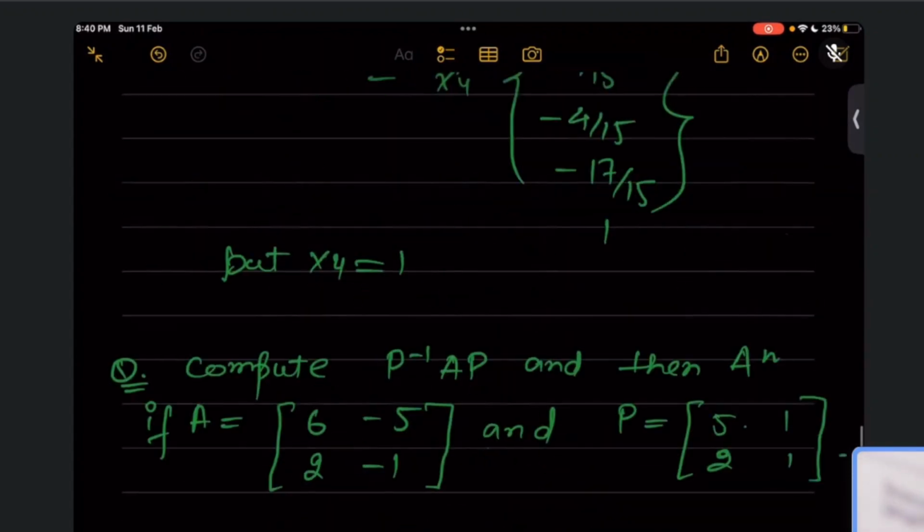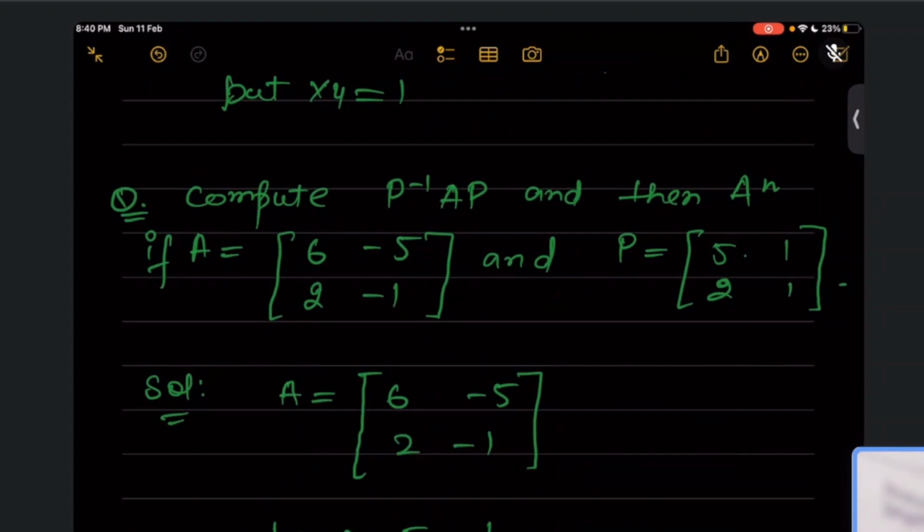Now we can go back to the question. What was given is to compute P inverse AP and then A to the power n, if A is this and P is this. They had already given you the P matrix, and simply what you had to do was find the P inverse, then multiply P inverse A and P, and you could have gotten A to the power n.